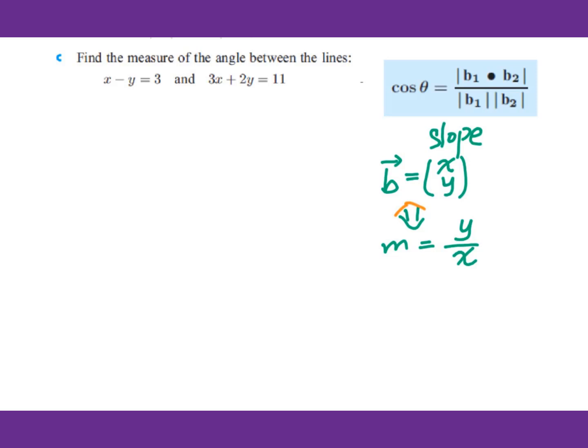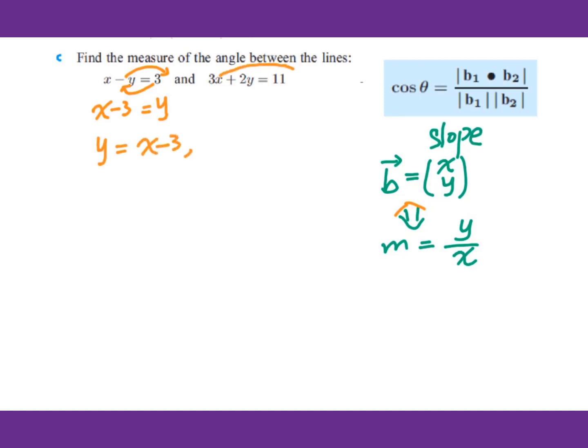Therefore, I isolate y on one side. We get y equals x minus 3.